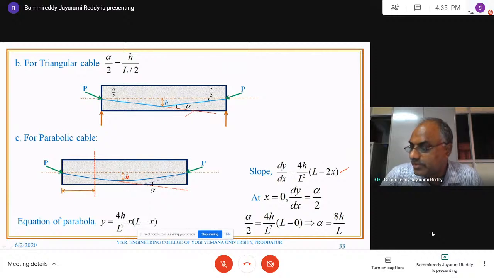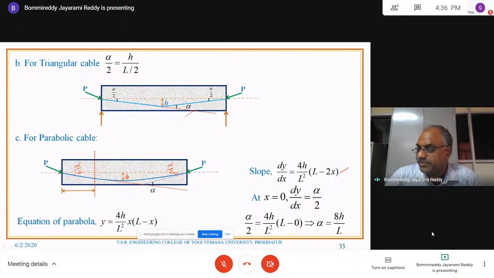When it is alpha in total, here it is alpha by 2, and this is also alpha by 2. So dy by dx equals alpha by 2. At the same time, put x equal to 0 in 4h by L square times L minus 2x. What will you get? From this, alpha equals 8h by L.